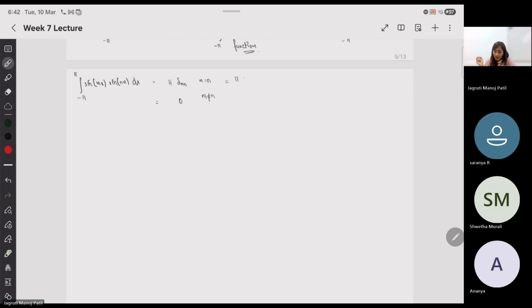Okay. Similarly, if you have cos mx and then cos nx dx, negative pi to pi, it also gives you the same thing, pi of delta mn, where m is equal to n, and it is 0 when both are not equal to each other.